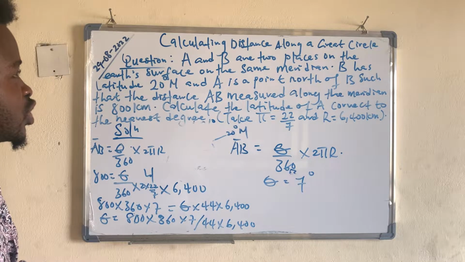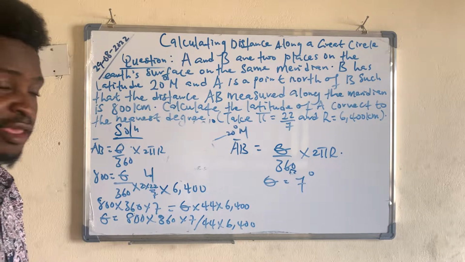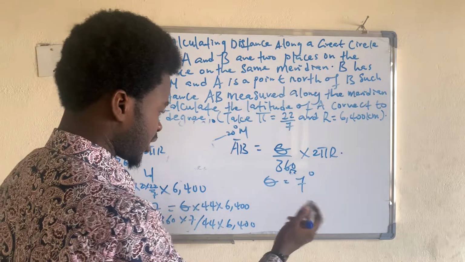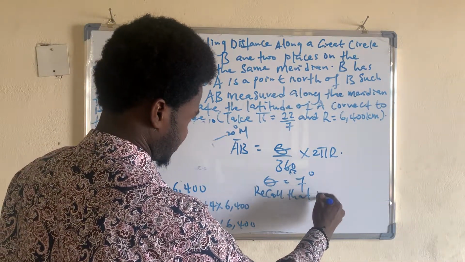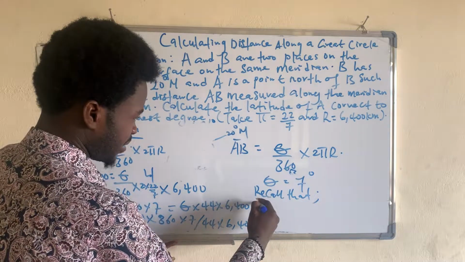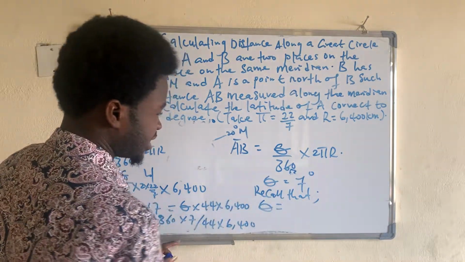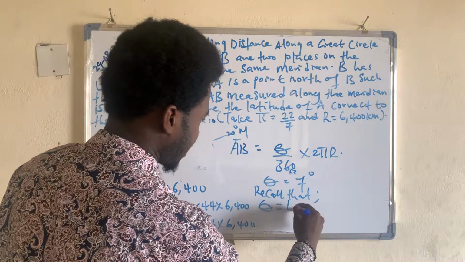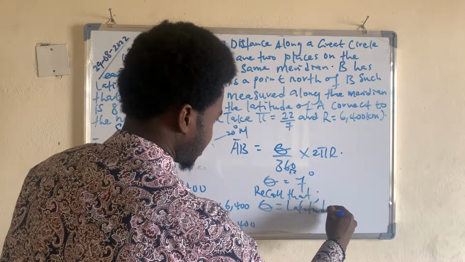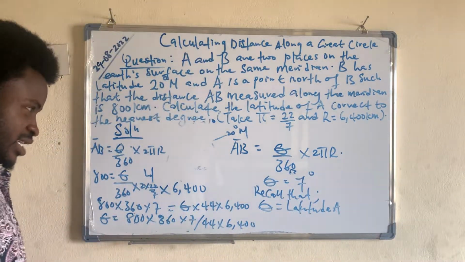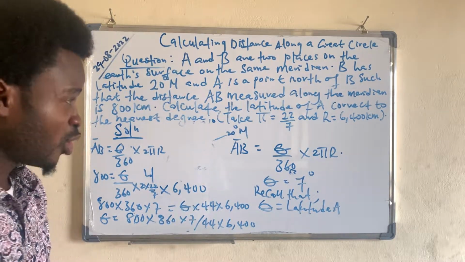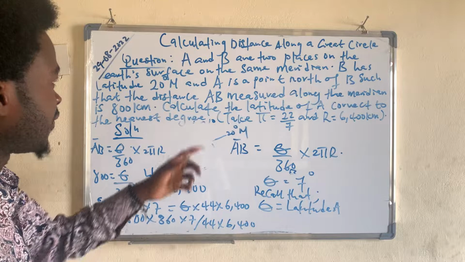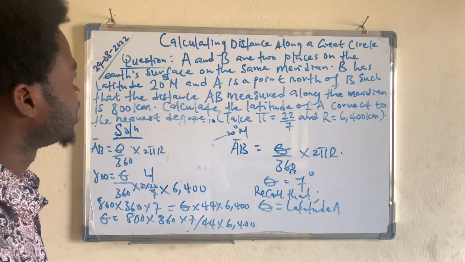But we are asked to find the latitude of A, and recall that your angular difference, theta, is latitude A. So it will either be minus latitude B or plus latitude B, but you have to get that from the question.